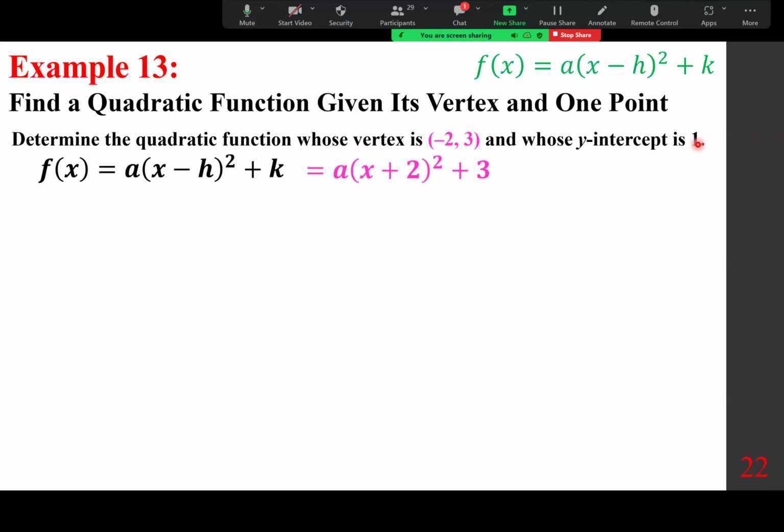The y-intercept is 0, comma 1. So replace the f of x or y with 1, x with 0. 0 plus 2 is 2. 2 squared is 4. You get 4a plus 3 is 1.